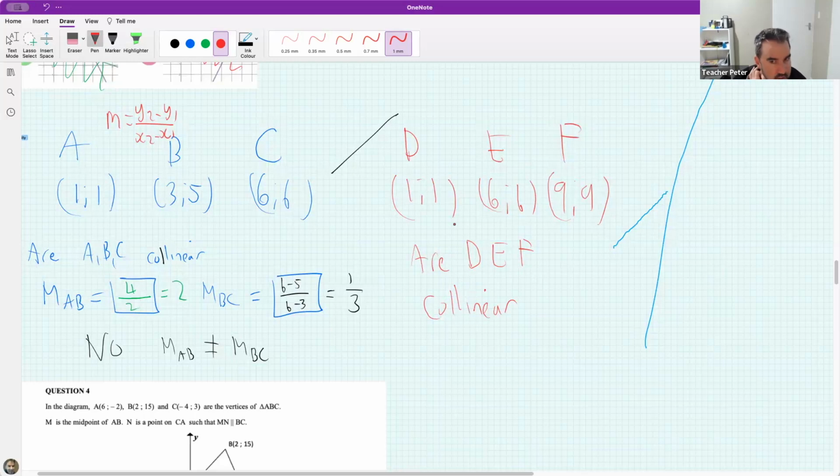So work out for me, are D, E, and F collinear? Are they on the same straight line? And then we're going to call it a day for today, I think. So what should you do first?